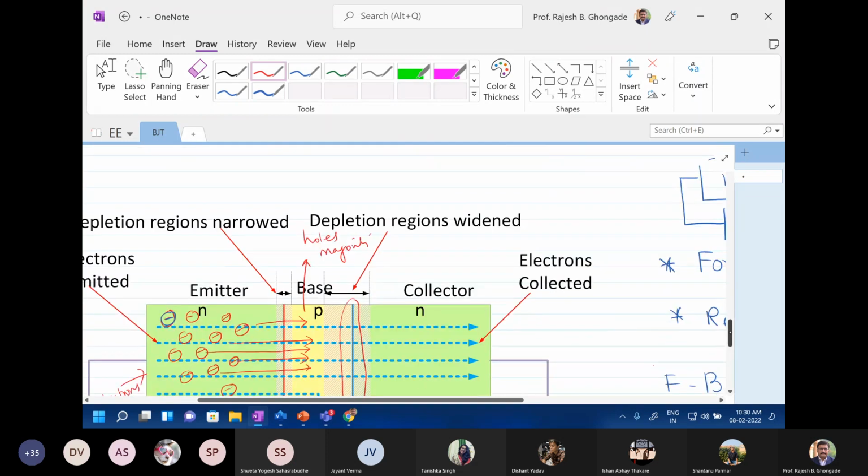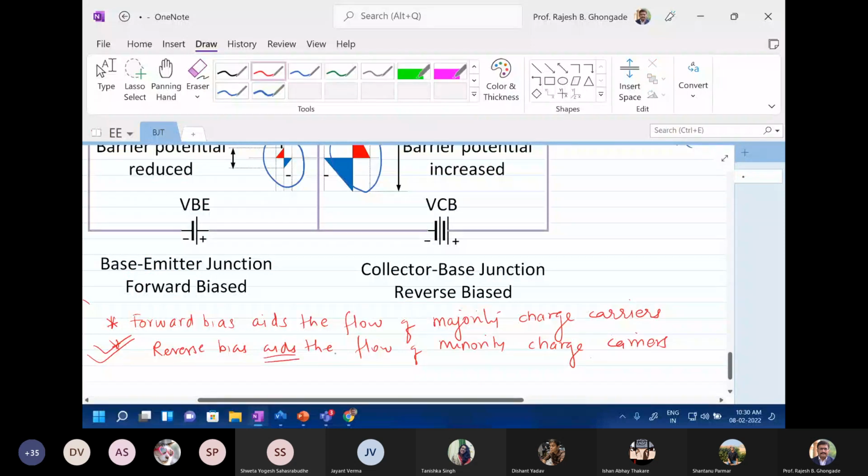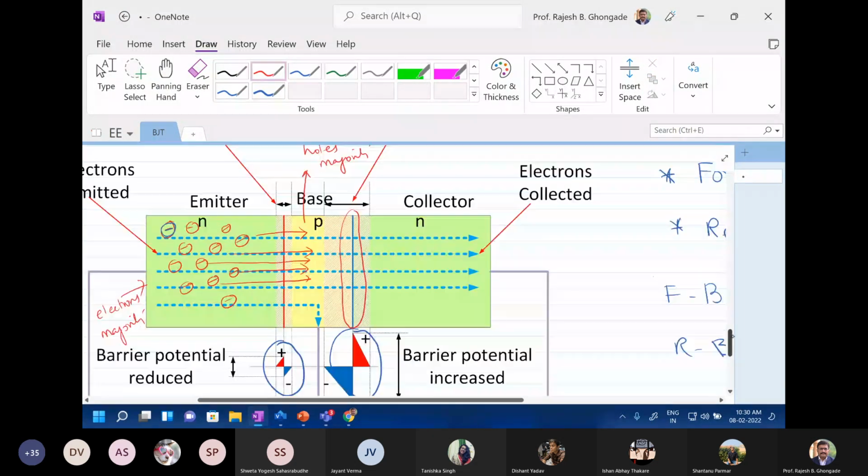When these electrons come into the base, become minority charge carriers, they see a reverse bias. यहाँ तक ठीक है? Yes, sir. And we already have established the fact that reverse bias will help the flow of minority charge carriers. तो क्या होगा? These electrons, they will further go into the collector region very happily.